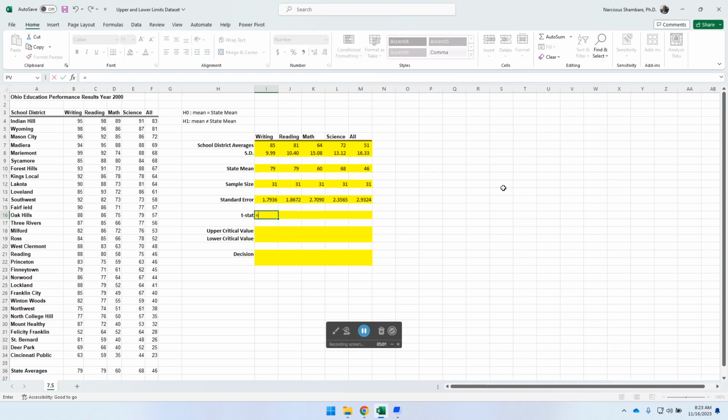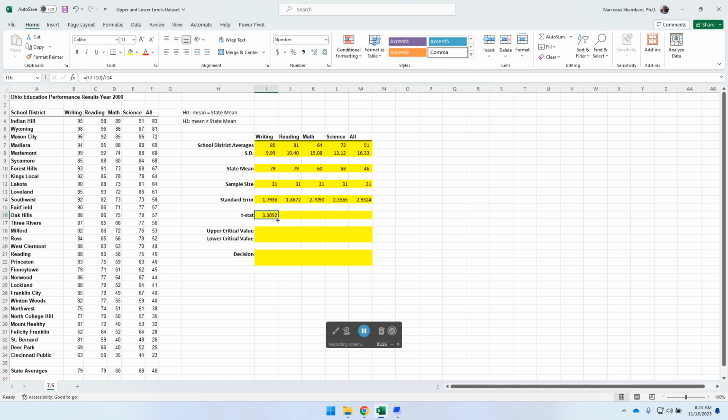Equal sign, open parenthesis, and we want to find the difference between the district averages and the state averages, divided by the standard error, which we've already calculated there. And we can see that our t-statistic is going to be 3.3092.